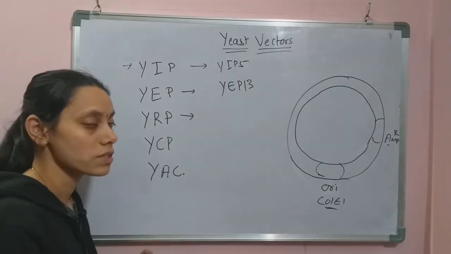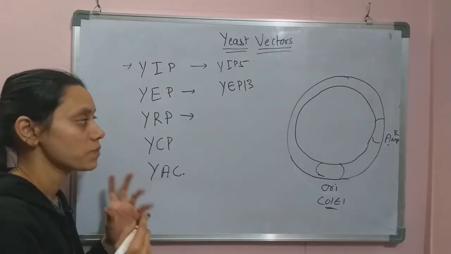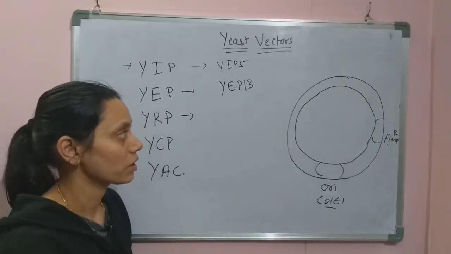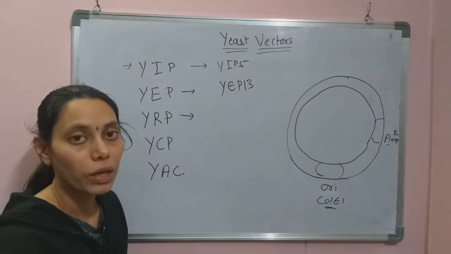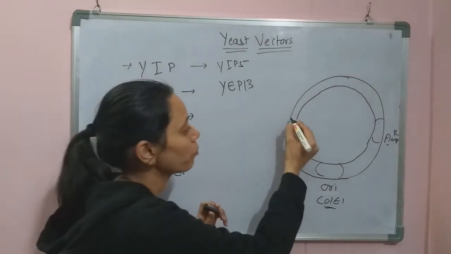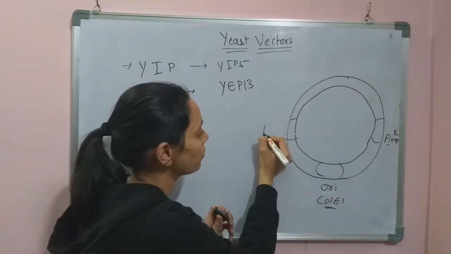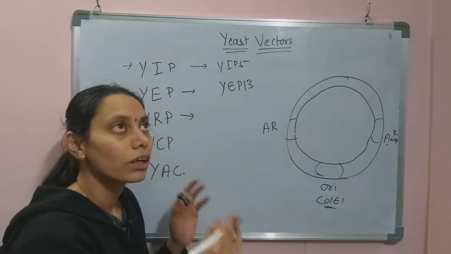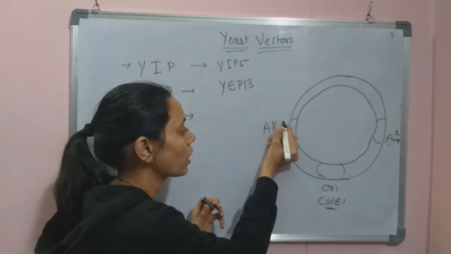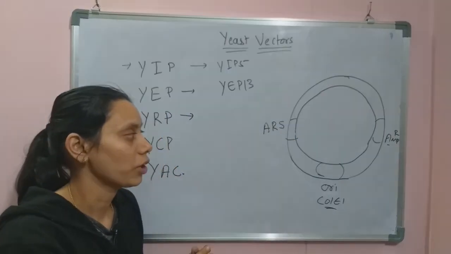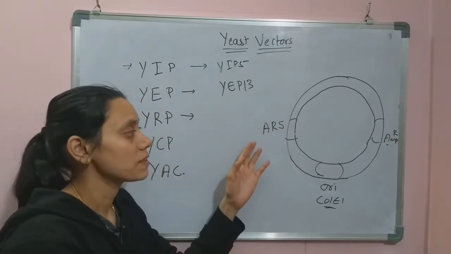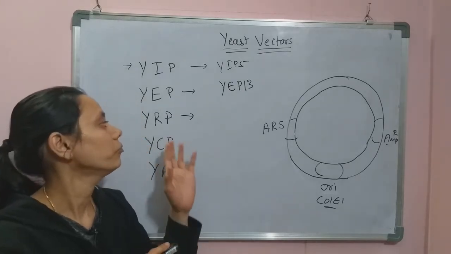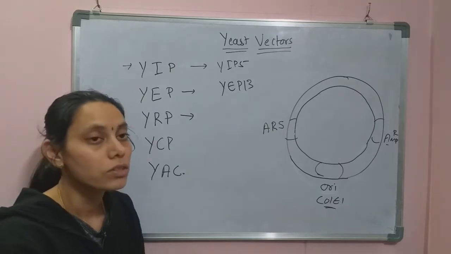So coming to the next type of yeast-based plasmids, the yeast replicative plasmids. As the name indicates, these are replicative plasmids. That means they have an origin of replication for the replication inside the yeast cell. That means the eukaryotic origin of replication, the autonomously replicating sequence or ARS gene, will be present inside the yeast replicative plasmids.